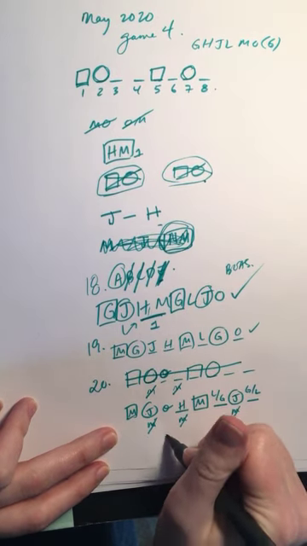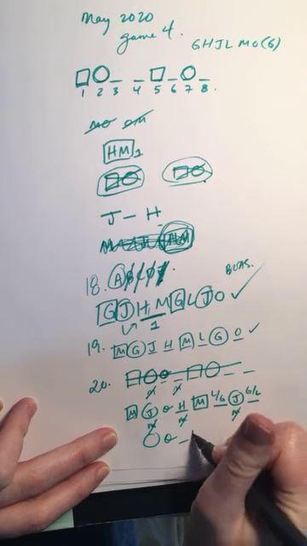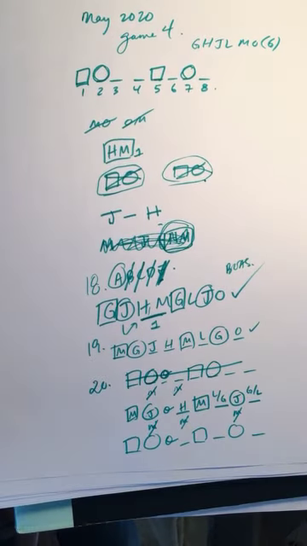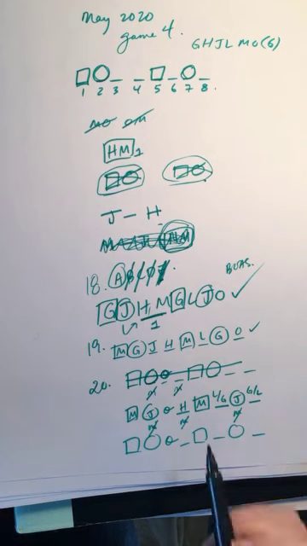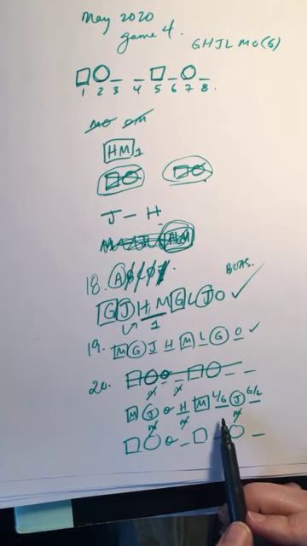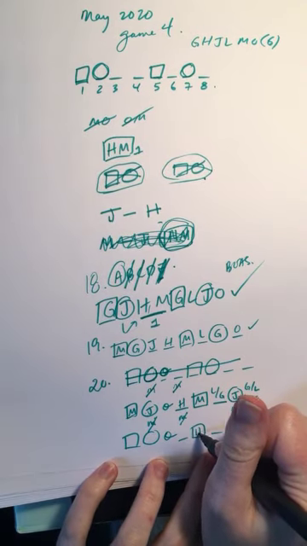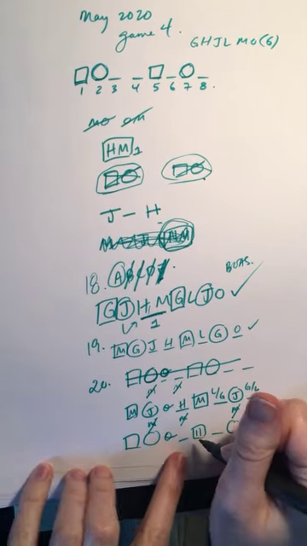Okay, what else is possible? All right, so M could be here. It could also be there. Oh, but then H would be 5th, which is not allowed.